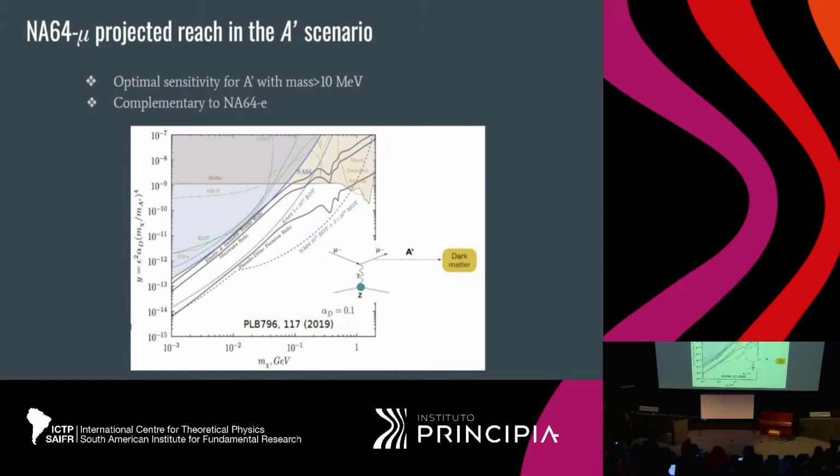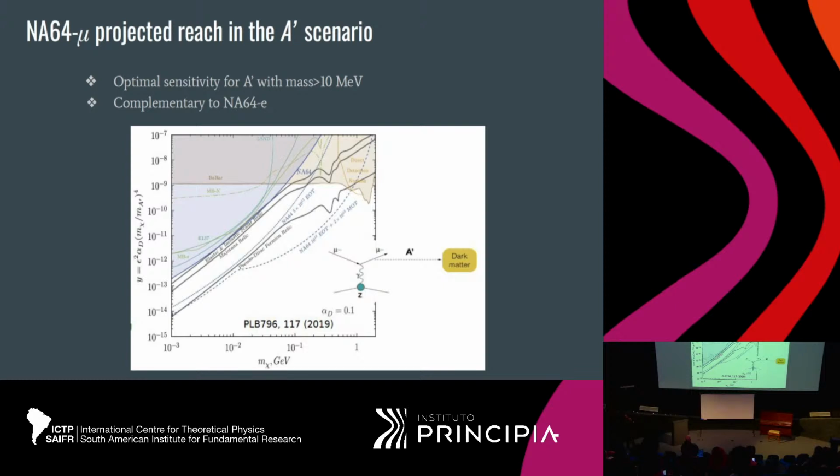Okay, but NA64mu can say something also in the normal dark photon scenario, since obviously if a muon can radiate a Z prime, it can also radiate a normal dark photon. And more than that, since muons are more massive than electrons, the emission of a high energy dark photon is favored with respect to an electron beam of the same energy. So if you want to explore, for example, this region of the parameter space with NA64, it's really difficult to do it with electrons because the cross-section goes down.